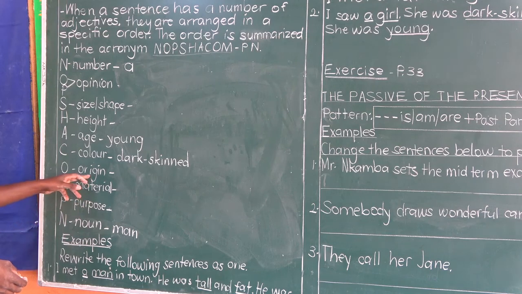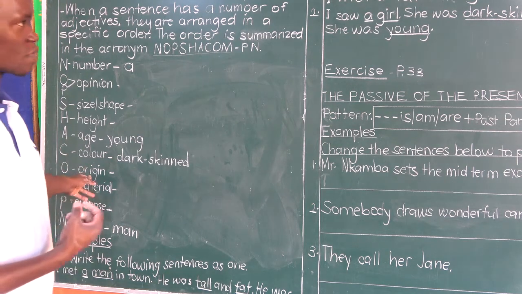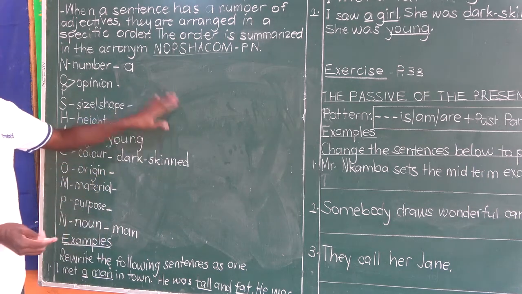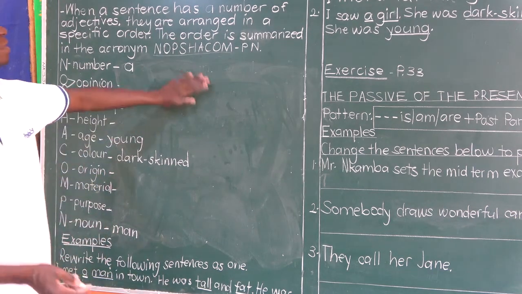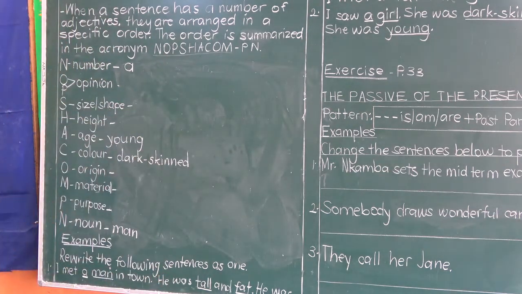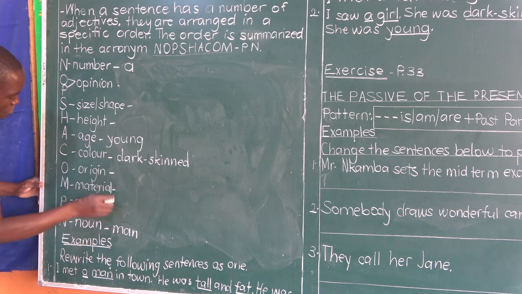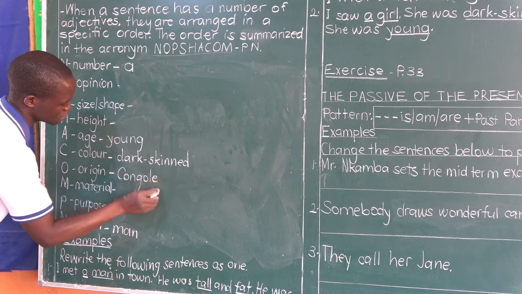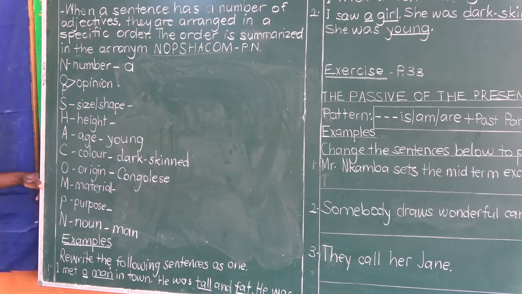Then, do you have anything like origin? She was from DRC. Now, what is DRC? DRC is a country. Yes, when you cross the western border of Uganda, you'll enter a country called DRC, which some people know as Congo. But it's not Congo, it is DRC, Democratic Republic of Congo. And that is Congolese. Our adjective from DRC is Congolese.